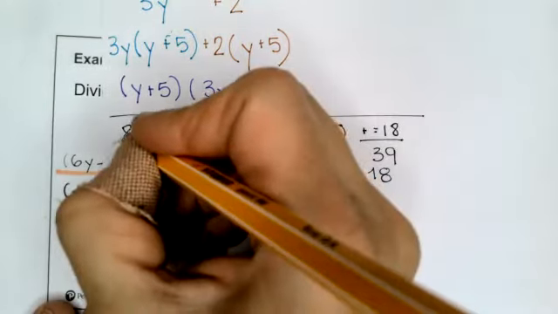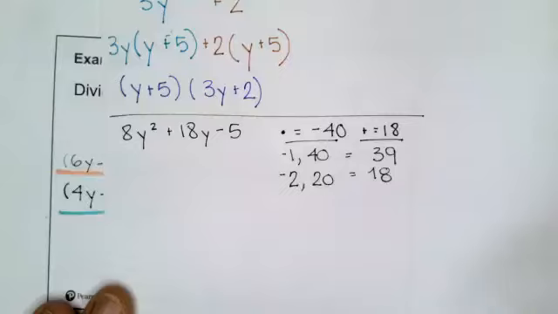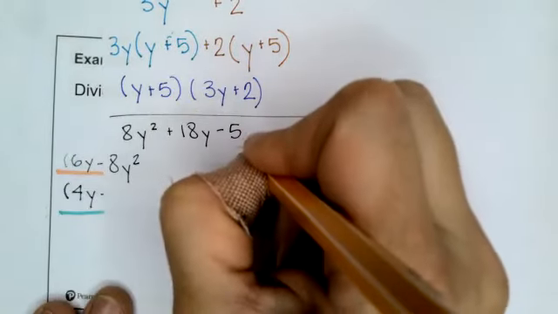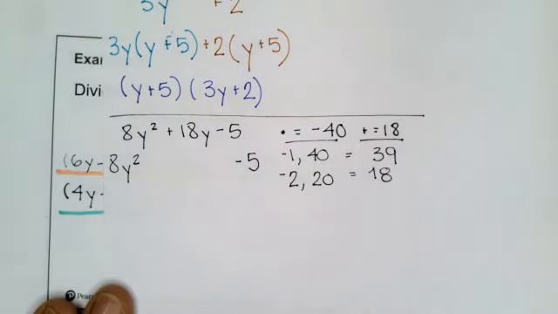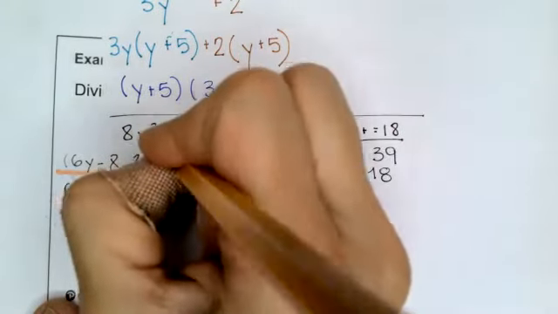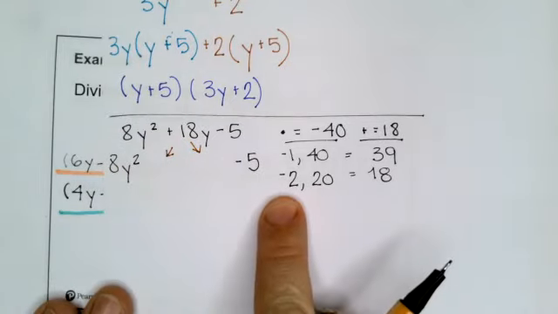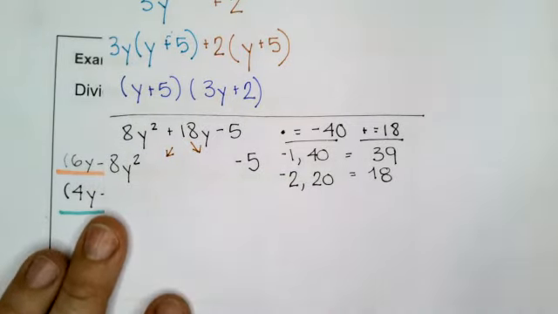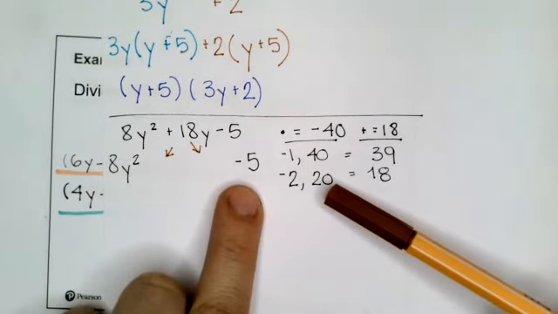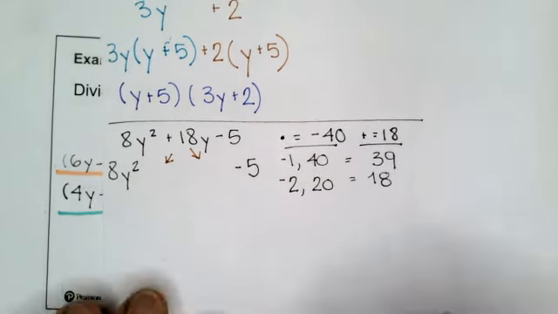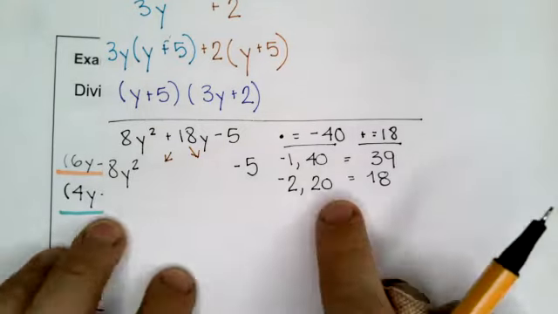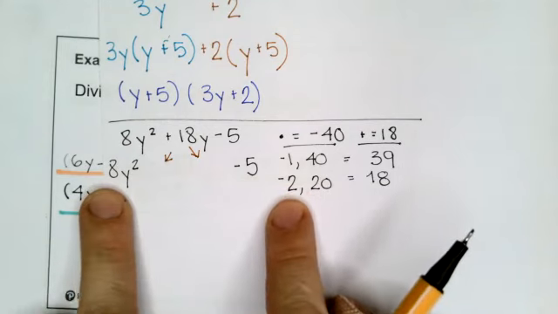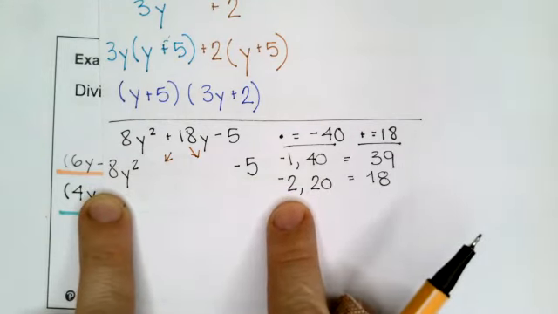So 8y squared plus 18y minus 5 becomes 8y squared minus 5, and then that 18y becomes a -2 and a +20. I'm going to say the 20 should go with the -5, but it doesn't matter. To show you it doesn't matter, we know that -5 and 20 have a factor of 5, and 8 and -2 have a factor of 4.